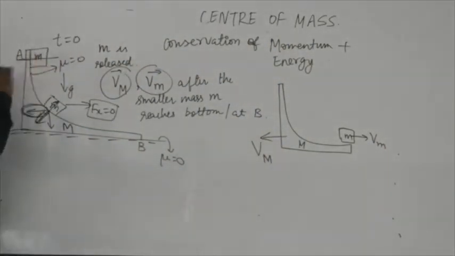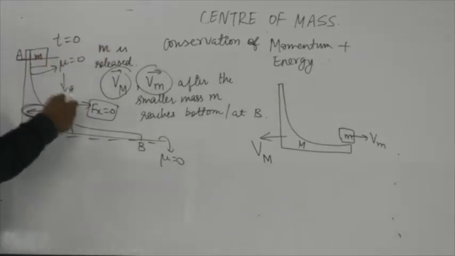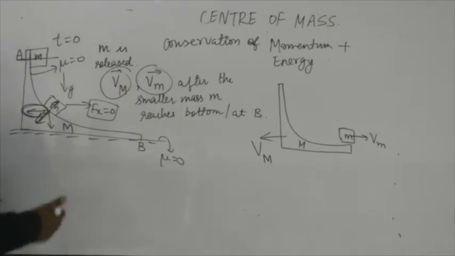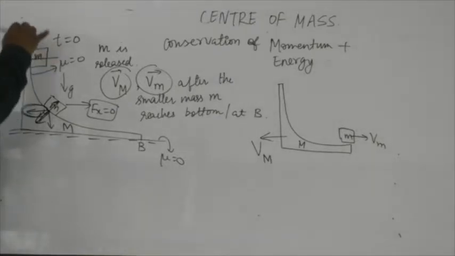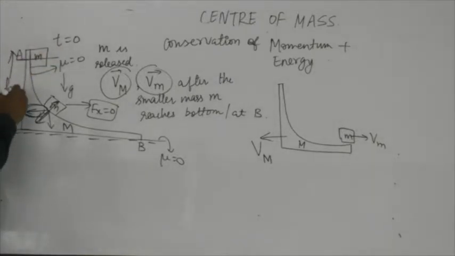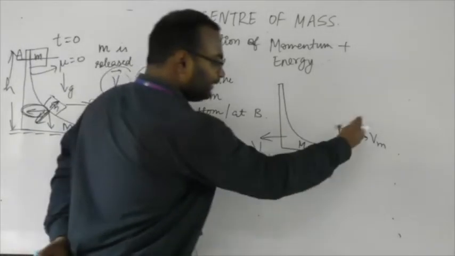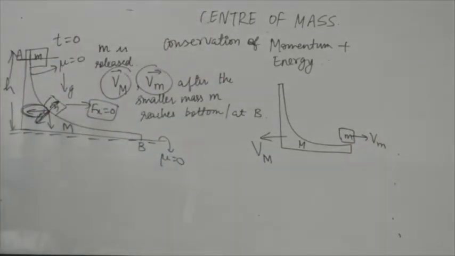Initially there was no momentum along x direction, or there was no force along x direction, but because of the internal force, that is the normal, they are moving, and the small mass m is going down by some height h. That means there is a loss of potential energy, and that is a gain in kinetic energy of the system, right?